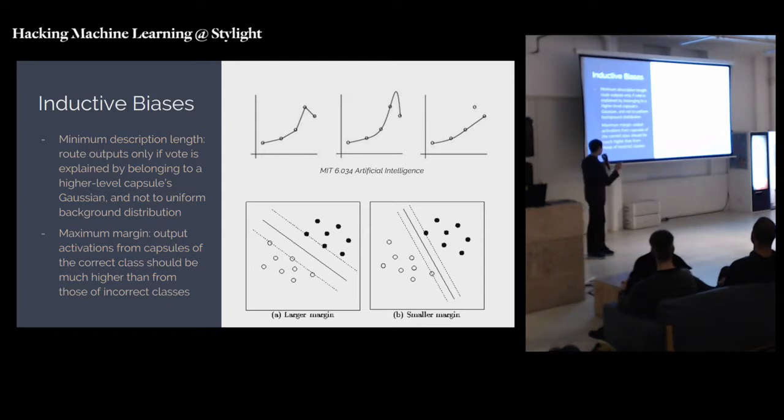And also, when it comes to our output layer capsules, we really want the outputs of the capsules representing the correct class to be as far as possible from the outputs of all the capsules that represent an incorrect class. So in case it wasn't clear, in your output layer, the number of capsules would be equal to the number of classes you're trying to choose between, if you're doing a classification problem.